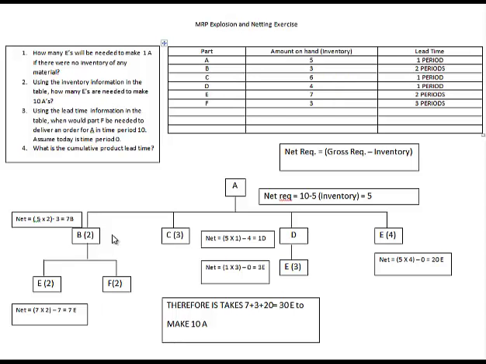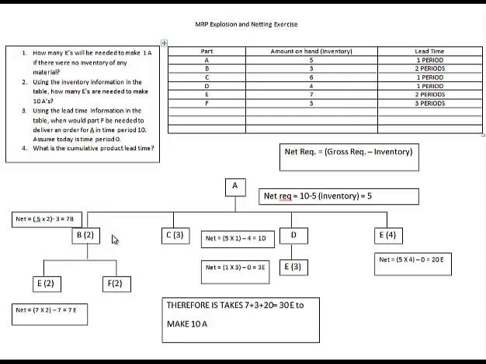So therefore, our net required for B's will be 7 B's. So once again, the calculation is 5 A's times 2 B's is 10. We have 3 B's in inventory. We'll use those, and we end up with a net required of 7 B's.